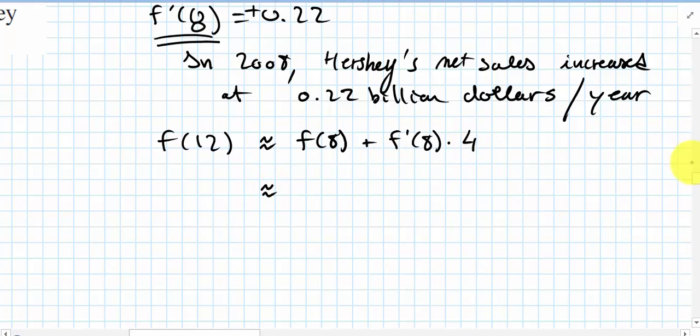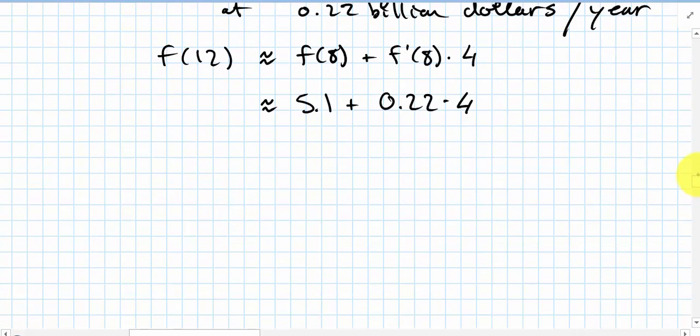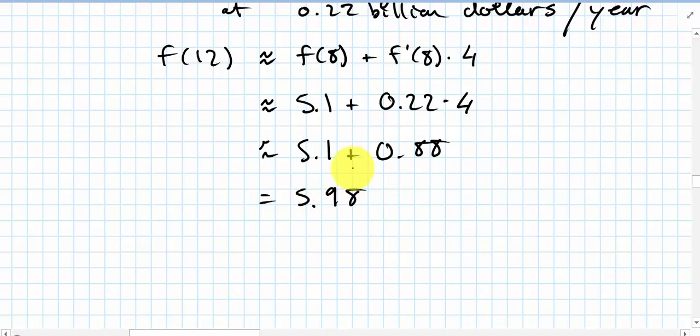So f at 8 was 5.1, so 5.1 plus 0.22 times 4. 0.22 times 4 is 0.88, so it is 5.1 plus 0.88, which is 5.98.